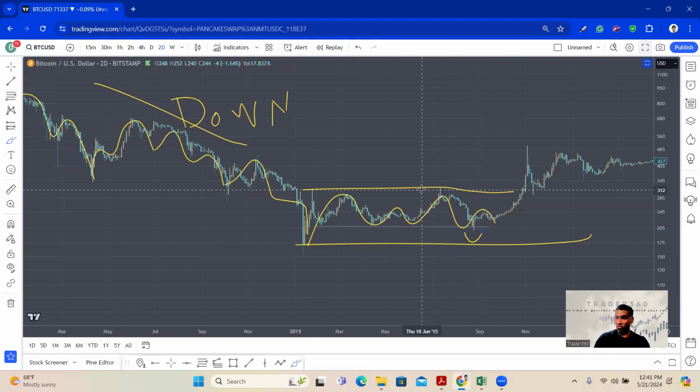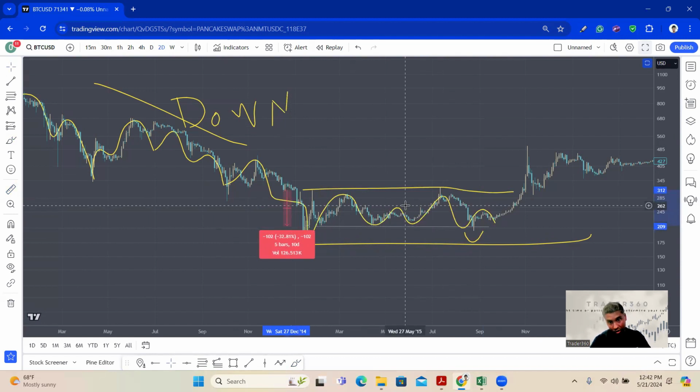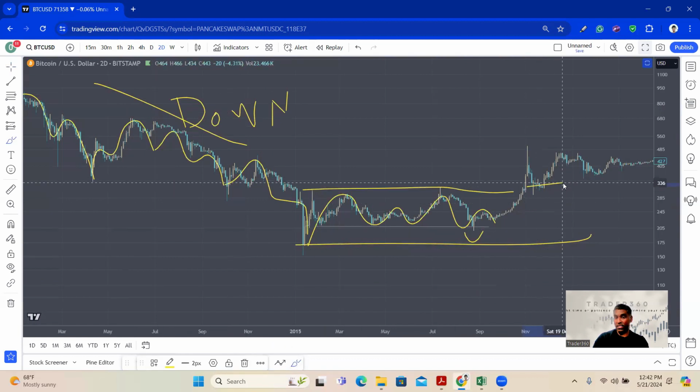The higher level was 312 and the lower level was 211. So this was a move of around 31%, 32%, or 33%. But here the price is ranging. So this area, after a downtrend where the prices finally broke to the upside, we can call an accumulation.